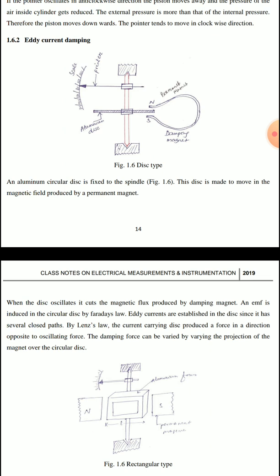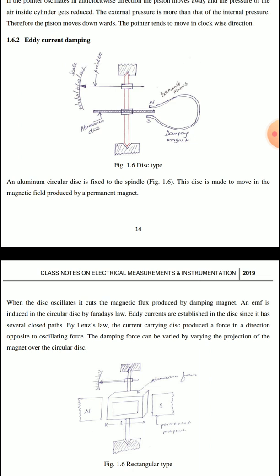Here we have used the aluminum disc. The disc is supported by a certain mechanical structure. The disc is connected mechanically to the spindle. That spindle carries the pointer over the calibrated dial or the scale.